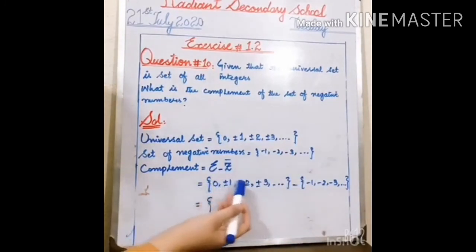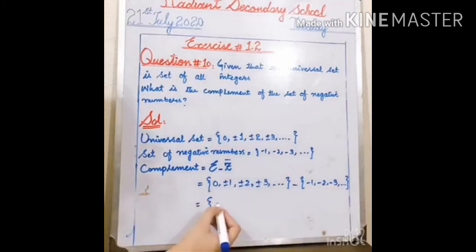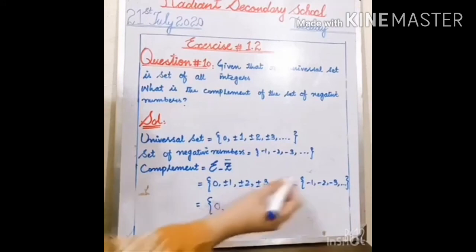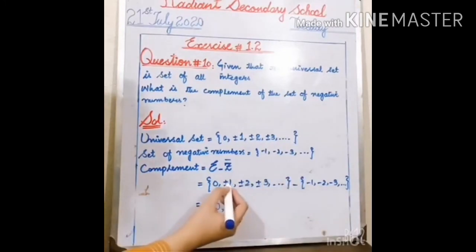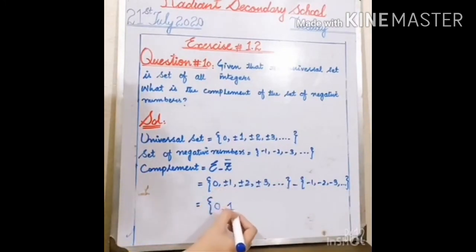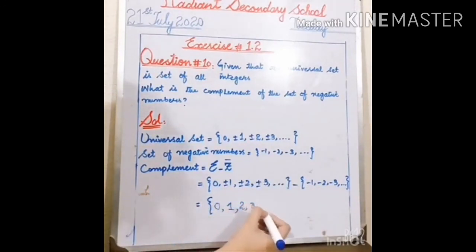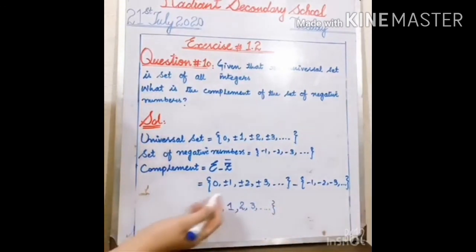So when we find the difference, 0 is present in the first set, so we will write down 0, it's not in the second set. Similarly, plus 1 is present, minus 1 is present in both, so we will not write minus 1. Similarly, 2, 3, and so on. So this will be our answer.